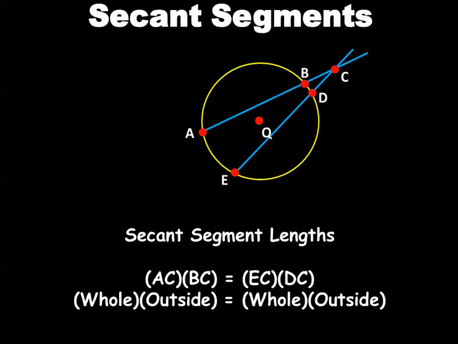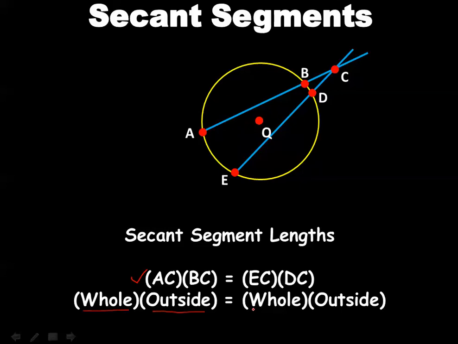Okay, so when you have two secant segments that intersect, like in the figure above where they intersect at point C, other than the points changing names, you can always calculate the length of the segments by using this formula. If you look at segment AC, it's the whole segment, and segment BC is the external secant segment.